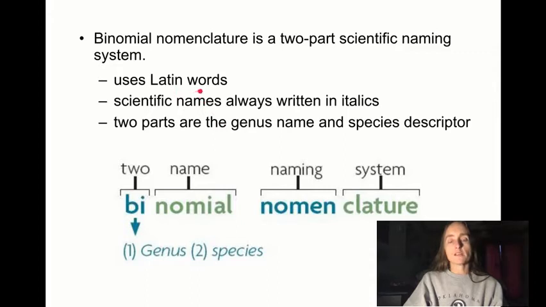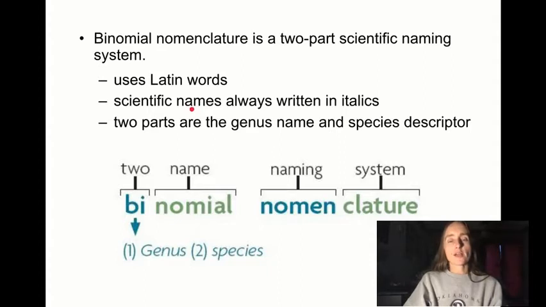We use Latin, kind of a dead language, but the language of science. It doesn't give one particular country the benefit or the expertise. It's all Latin. We always write them in italics if you are typing them, or if you're handwriting them, you can underline them. That is a rule.